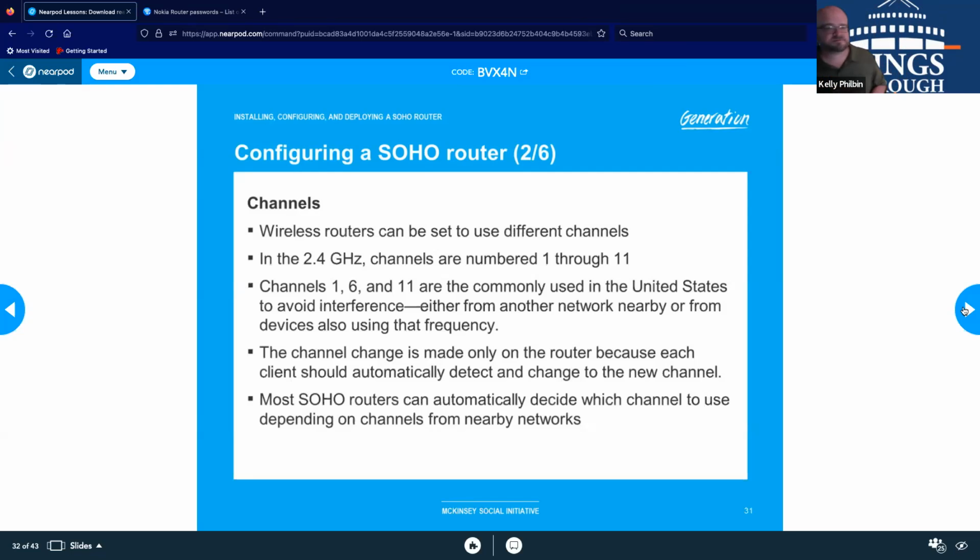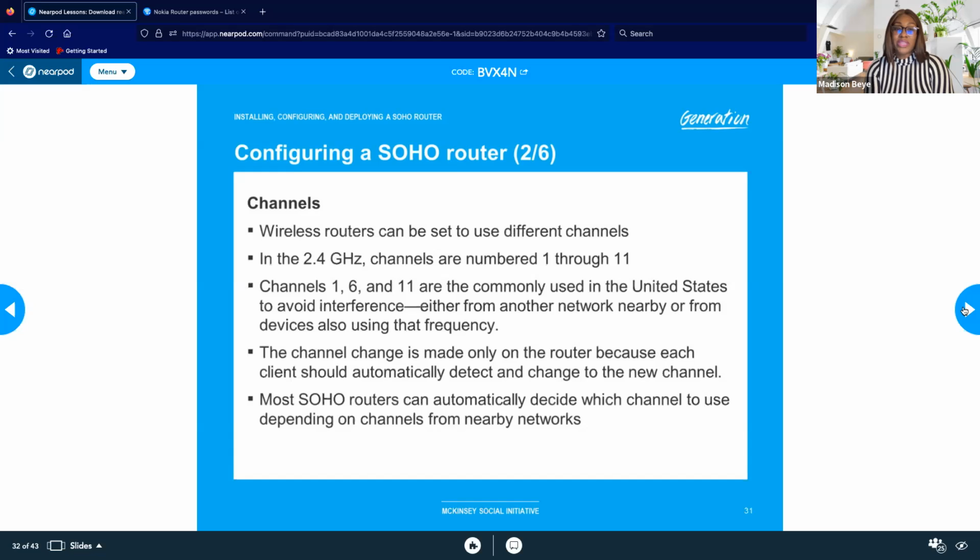Yes, Madison. Remember earlier we were talking about the 2.4 frequency band, and there were 14 channels, but the channels you can actually use are 1, 6, and 11. Got it. Okay.